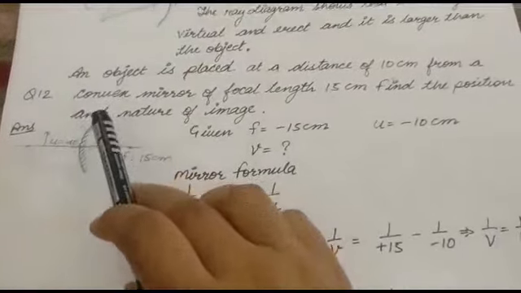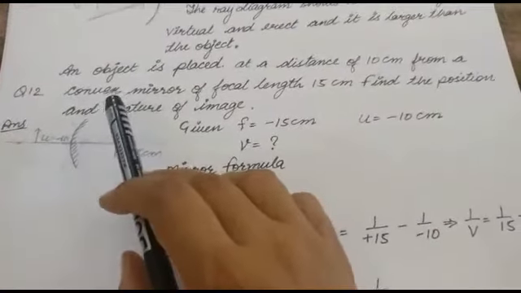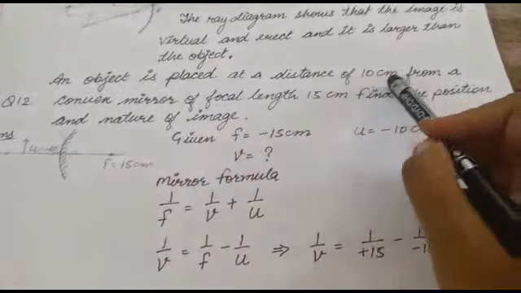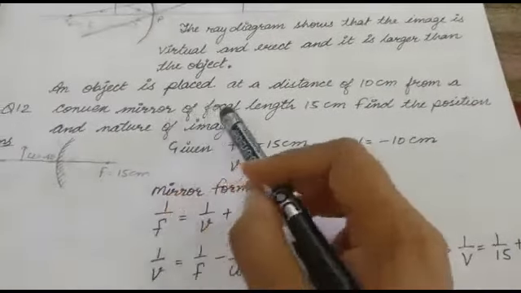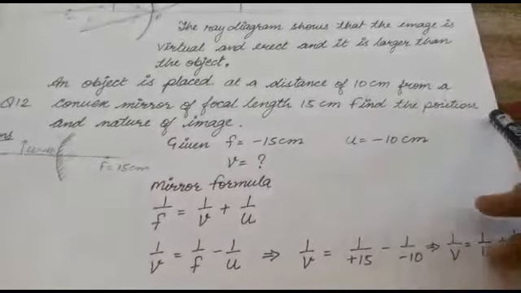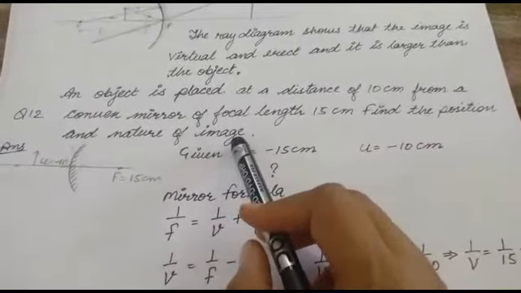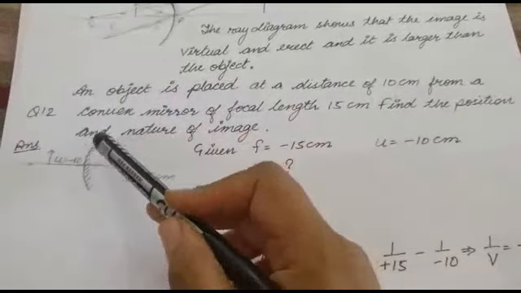So the next question from the exercise is question number 12. It says that an object is placed at a distance of 10 centimeter from a convex mirror of focal length 15 centimeter. Find the position and nature of the image. So what we get from the question, let us see it from the diagram.